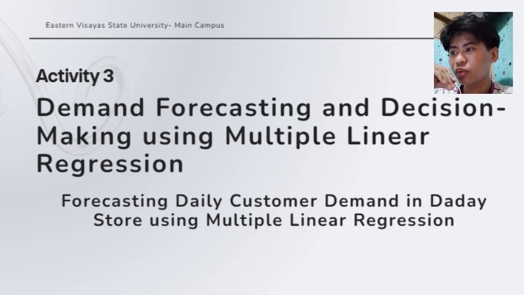And moving on to our activity 3, we conducted a study entitled Demand Forecasting and Decision Making Using Multiple Linear Regression: forecasting daily customer demand in Dada store using multiple linear regression.